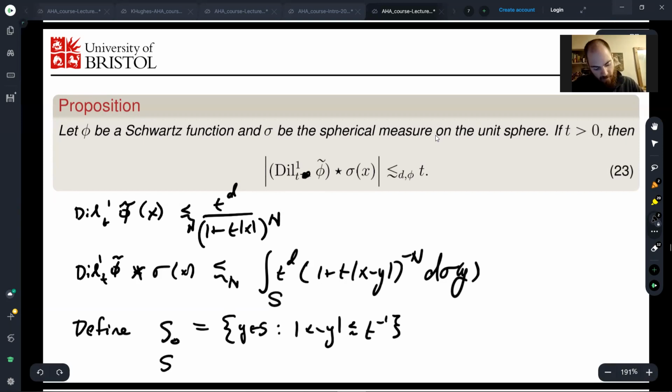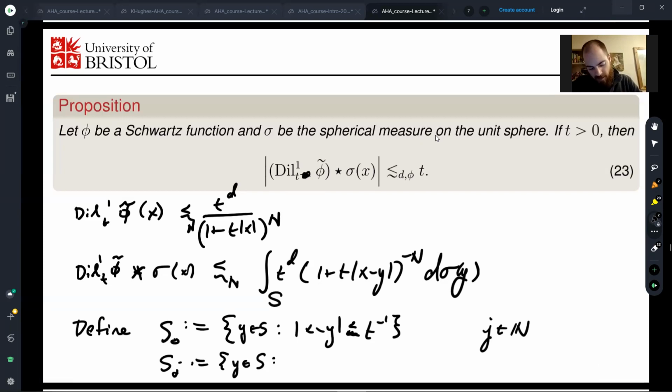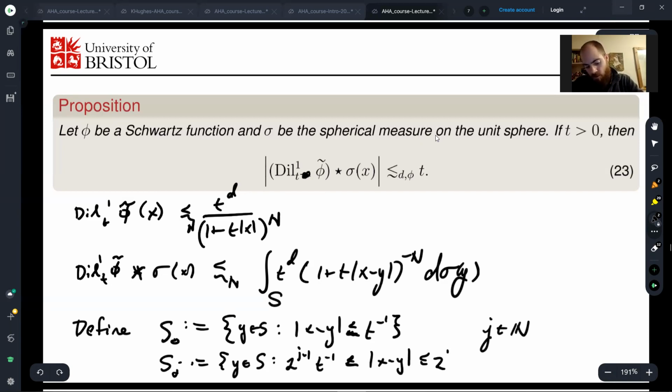And for j in N, we'll define S j as the set of points in the sphere such that 2 to the j minus 1 t inverse is less than or equal to |x minus y|, which is less than 2 to the j t inverse, for j in N.